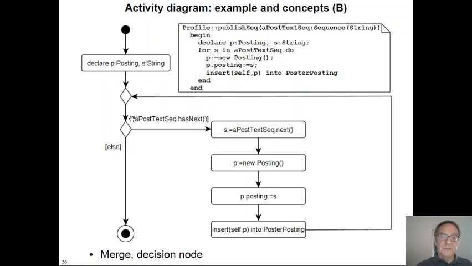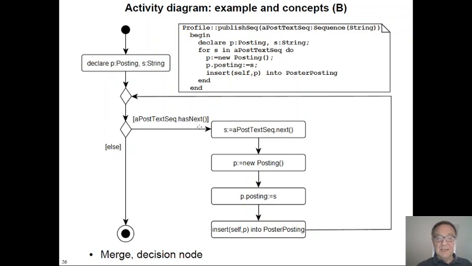So we have here the declaration, and then we have here a decision node, and the decision node checks whether in the sequence of characters here there is a next element.